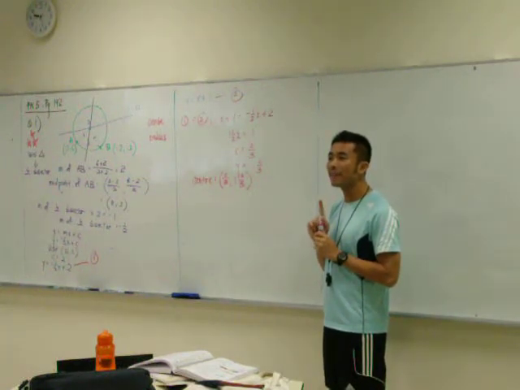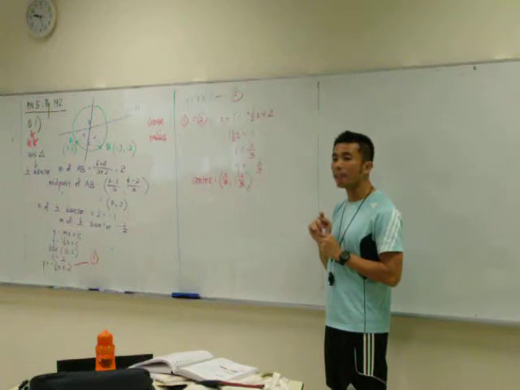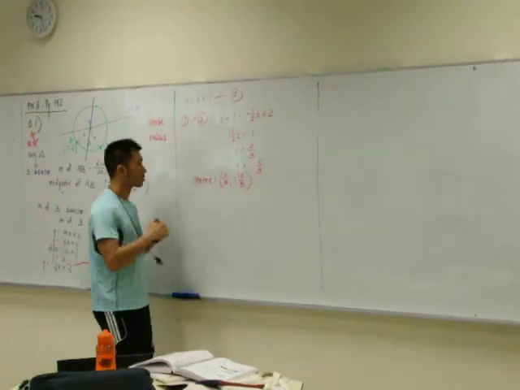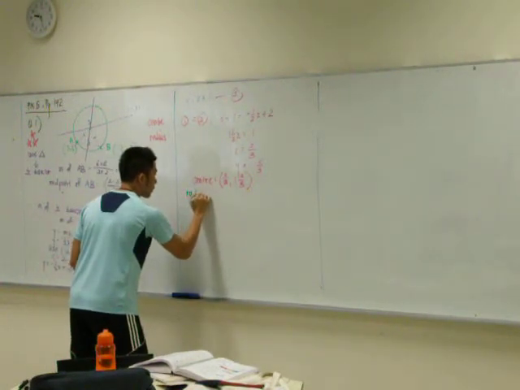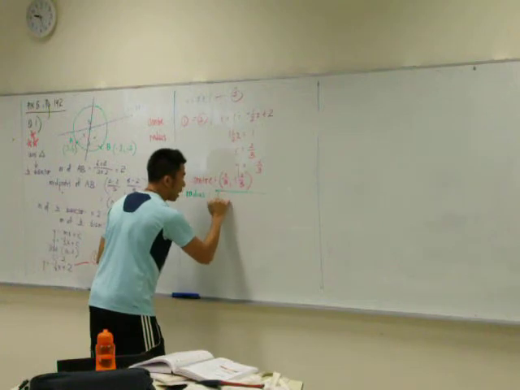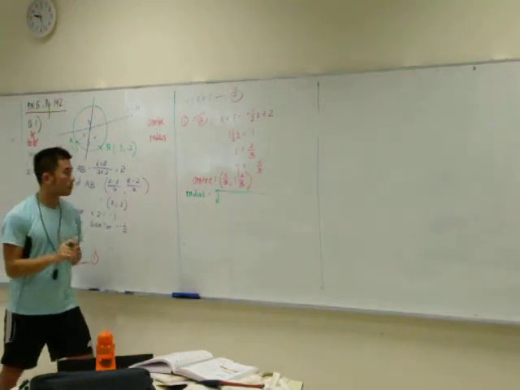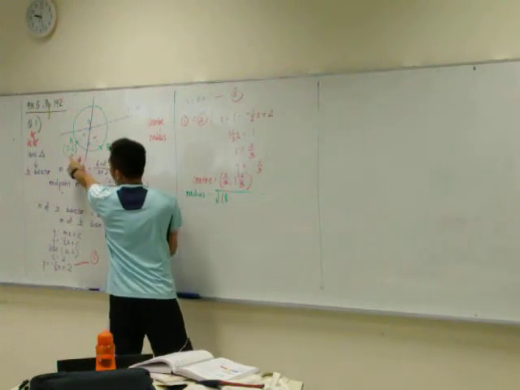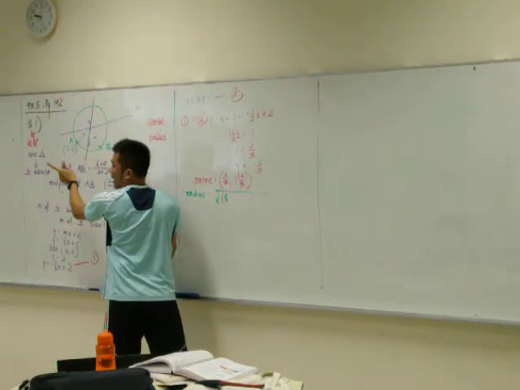What is left? What is left, Brandon? Radius. How can we find the radius? The distance formula. Alright? Let's use, I prefer to use this point A because B has a negative value.